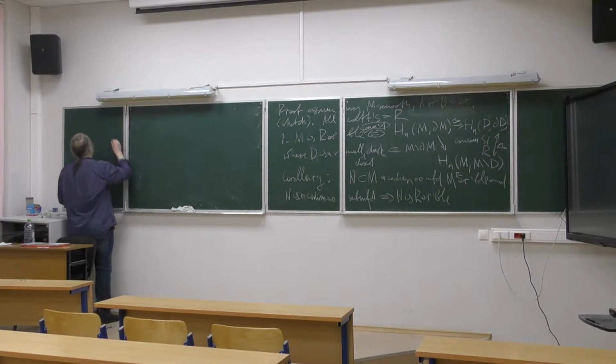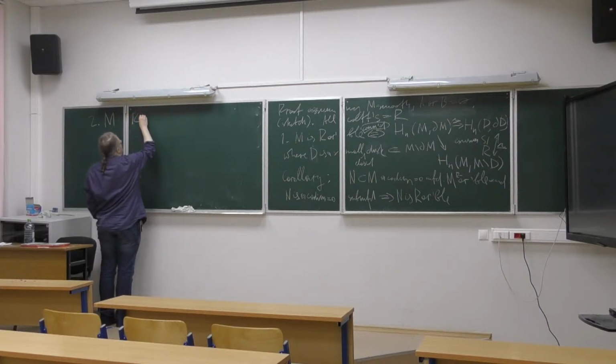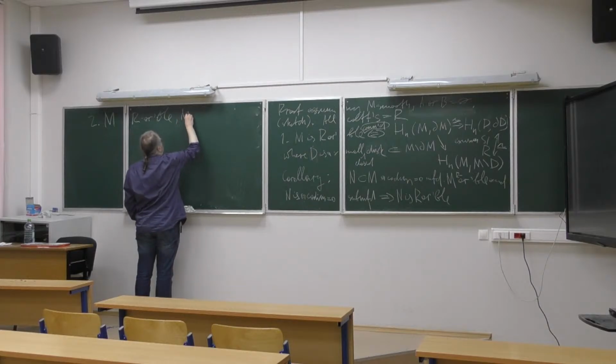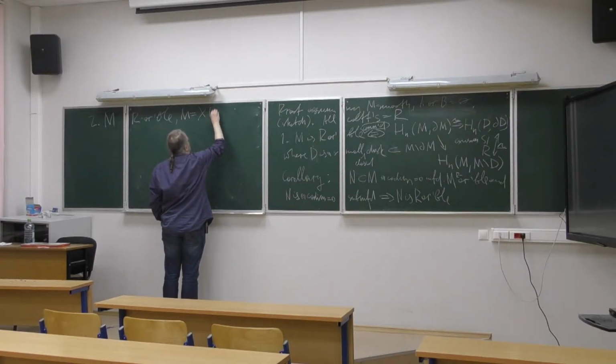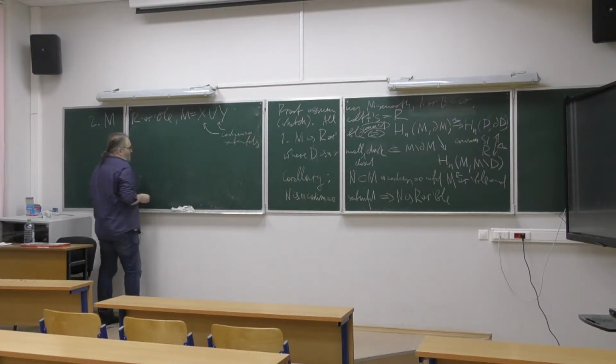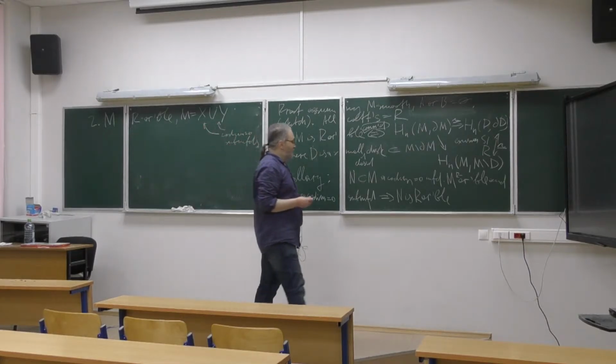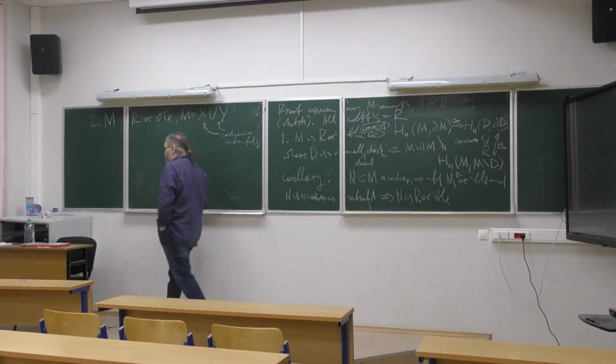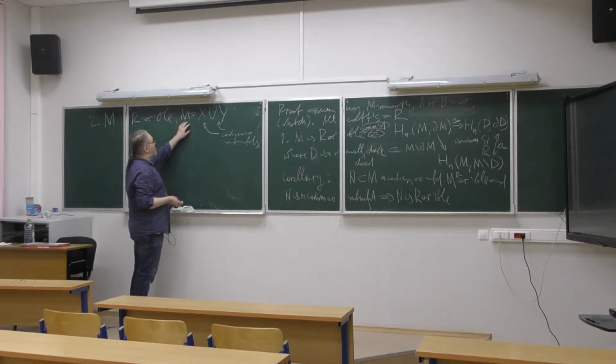Now suppose we have an R-orientable manifold and two submanifolds of codimension 0.